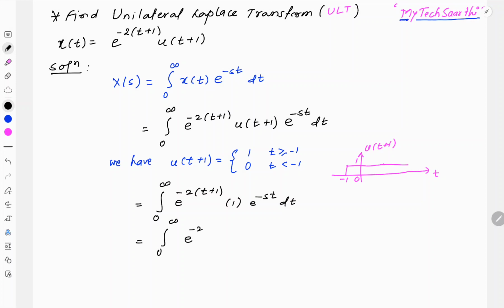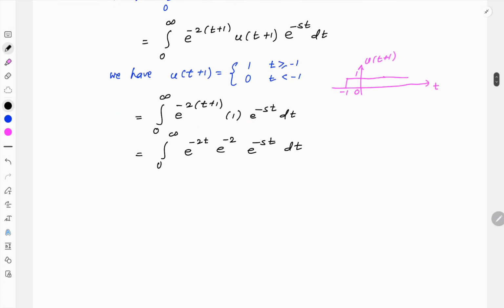Now let us simplify this equation. e raised to minus 2t, e raised to minus 2, e raised to minus st dt. Now this e raised to minus 2 is a constant which can be taken out of the integration. So e raised to minus 2, integration 0 to infinity.